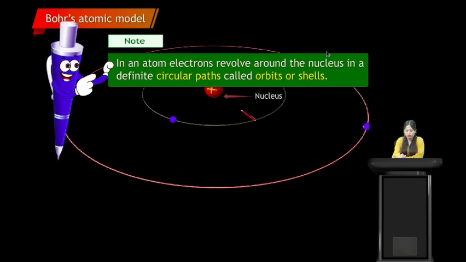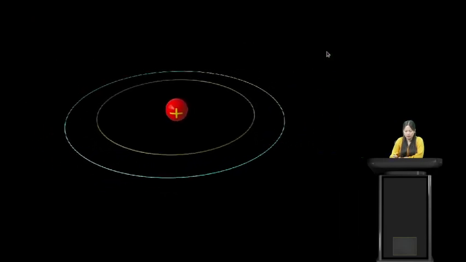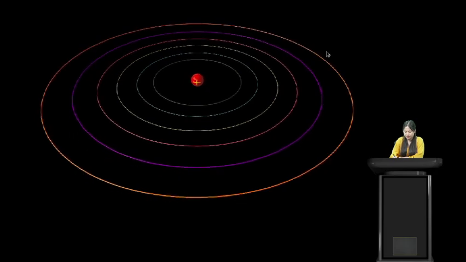We have the nucleus here, and these are the orbits or shells through which the electrons revolve around the nucleus.